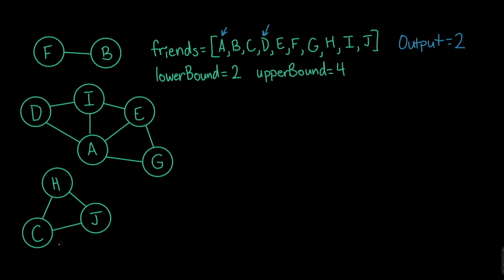Because let's say if we consider this CHG group on the bottom left portion of the screen, if we count it once for the C node and then again for the H node, that's not correct. Even though this group is a perfectly sized group that is only of size 3, we only want to count it one time because the output for this question should be 2 because we have this top section F and B and this bottom section of the CHJ.